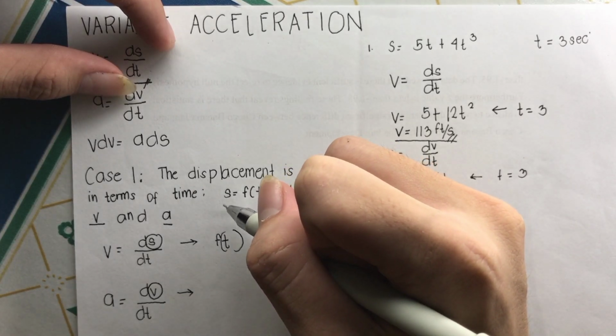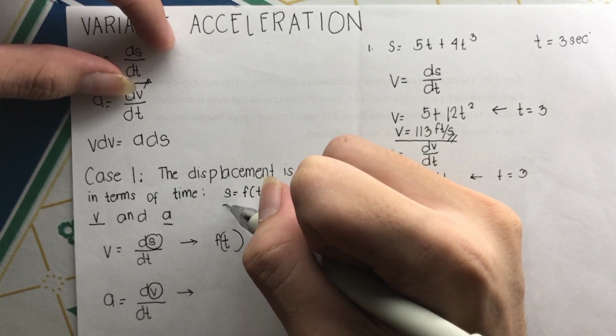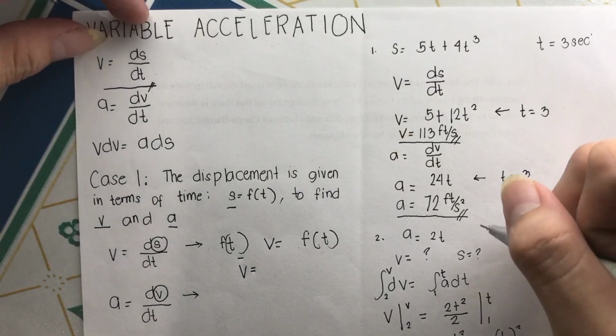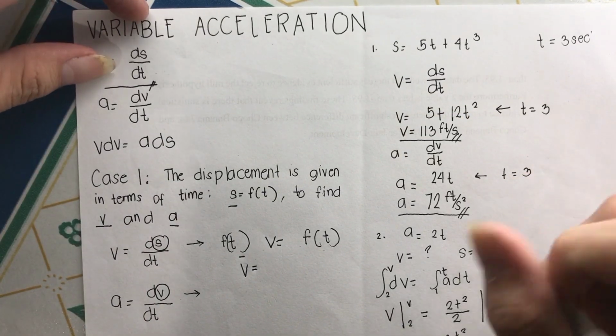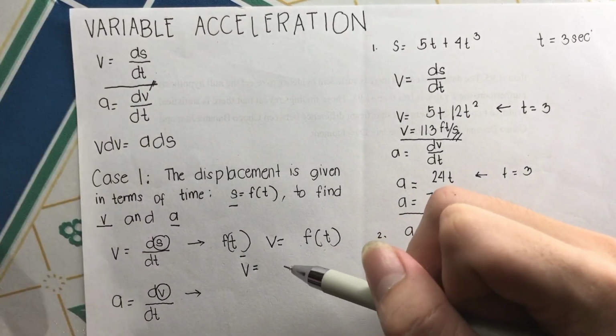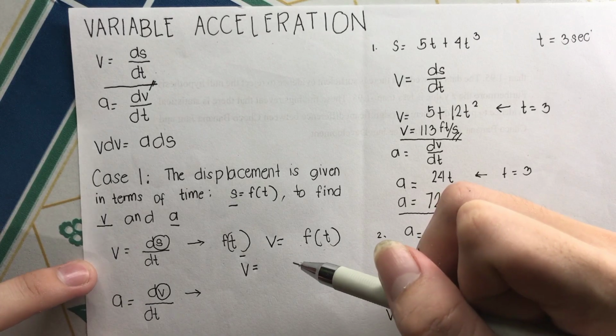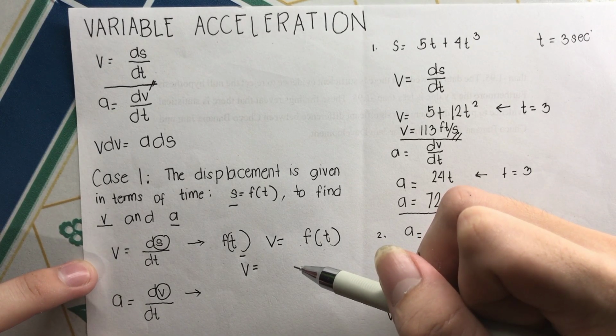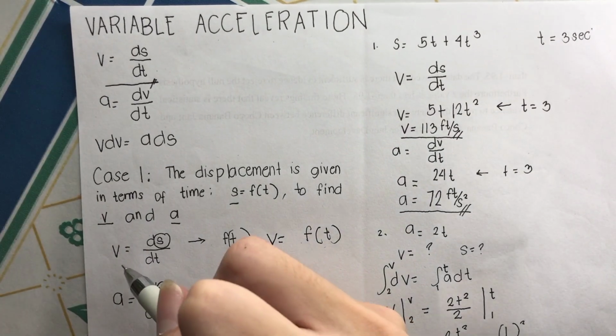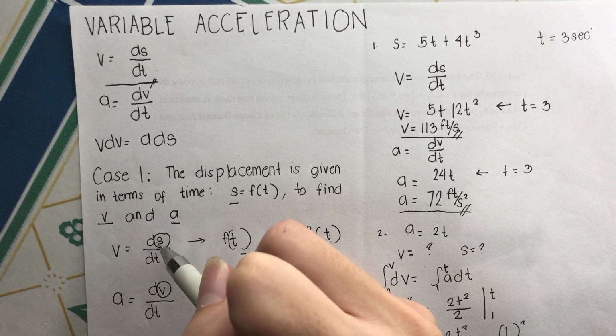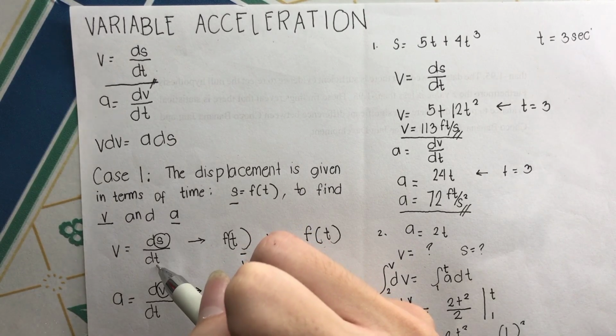We have the given displacement, so to determine the velocity, we must use velocity equals ds over dt.